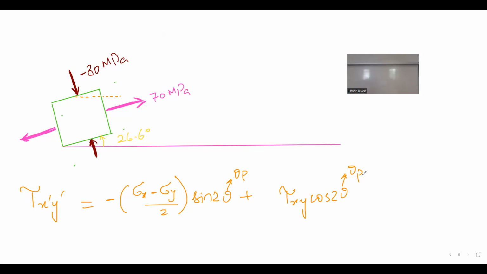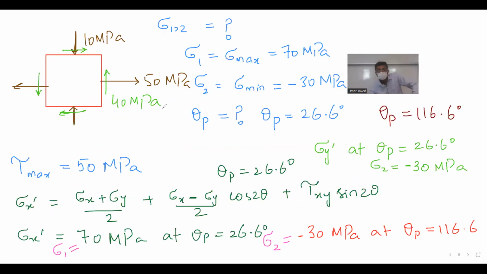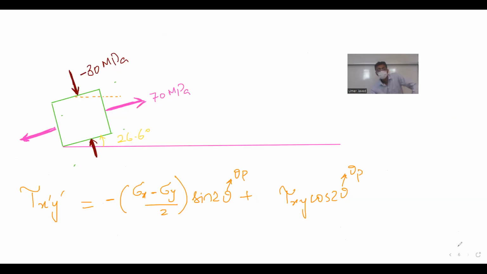What was tau xy in our question? It is given. Tau xy is given. That's 40 megapascal. You put 40, right? Yes, 40. You get a 0? Yes. Okay.